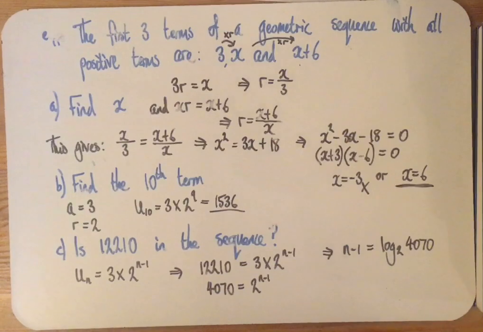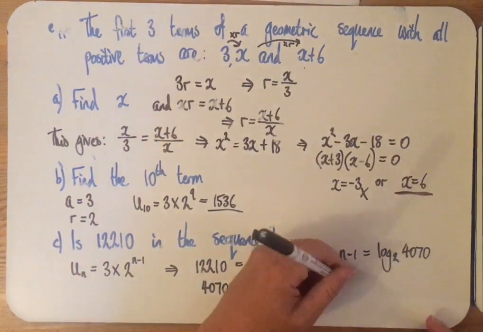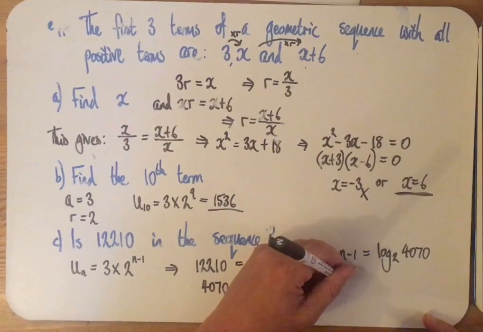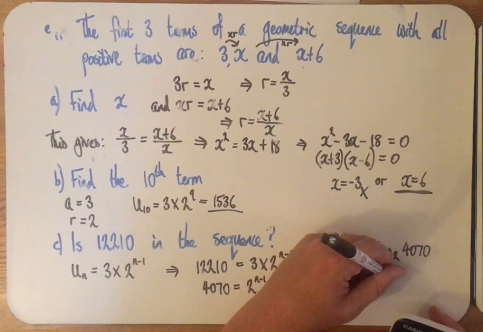And log to the base 2 of 4070 gives you 11.99, and when you add 1, n is equal to 12.99.